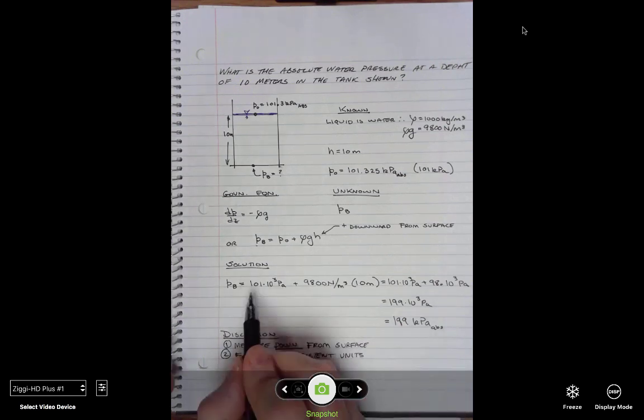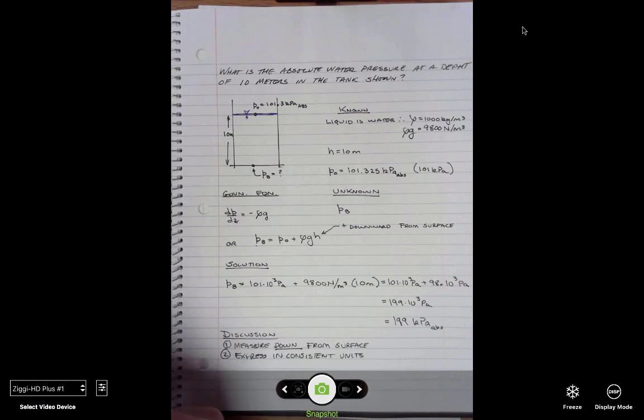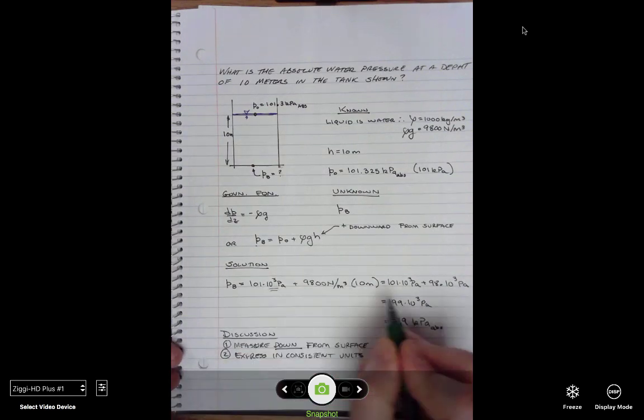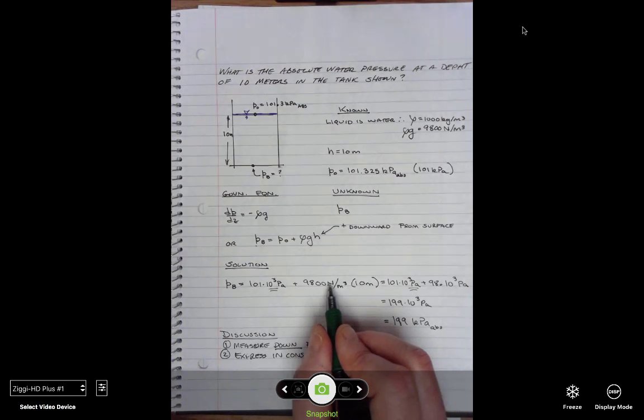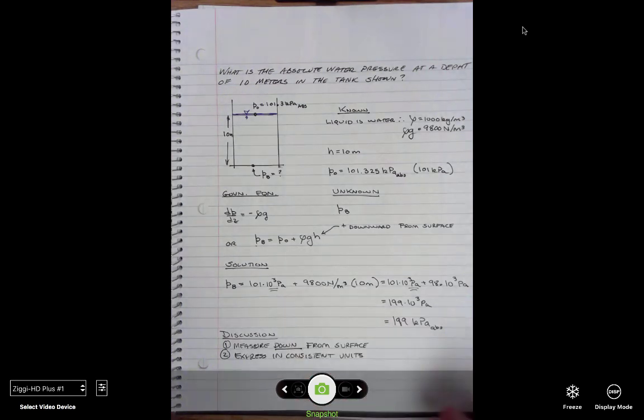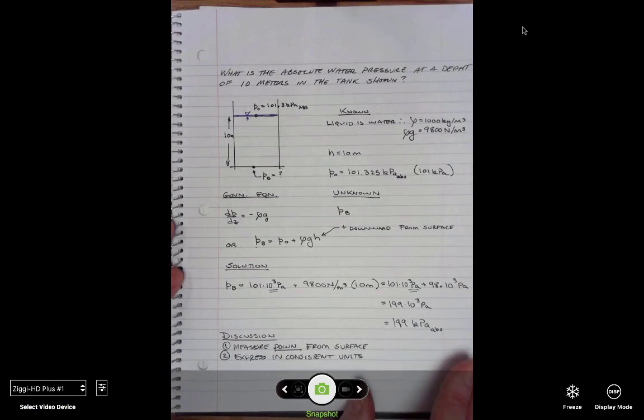That's why you notice I made the change from pascals to kilopascals here, so that a Newton per meter squared is a pascal. I don't have to deal with the kilos until the end. All right, that's a very simple problem. Let's continue.